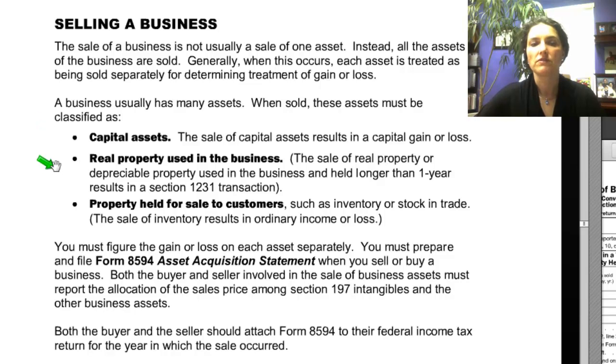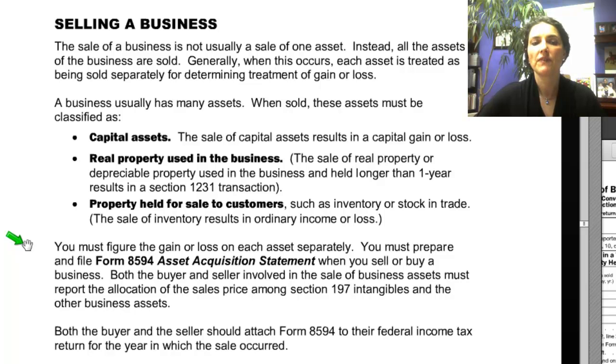Real property used in the business: the sale of real property or depreciable property used in the business and held longer than 1 year results in a Section 1231 transaction. And property held for sale to customers, such as inventory or stock in trade: the sale of inventory results in ordinary income or loss. You must figure the gain or loss on each asset separately.